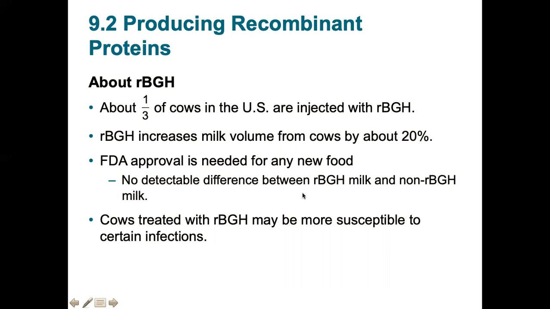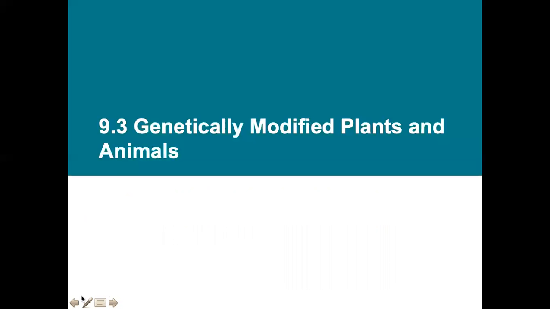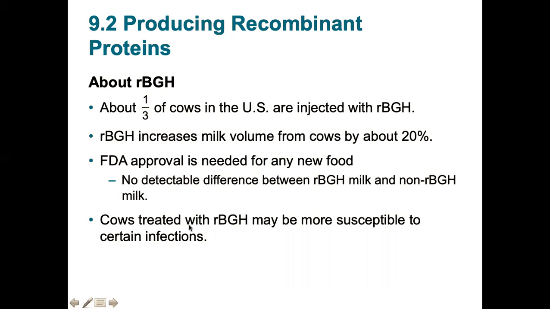People say that there's no detectable difference, but drinking milk that comes from a cow that's meant for baby cows, not humans, that is now injected with growth hormones that are meant to be for cows, not humans.